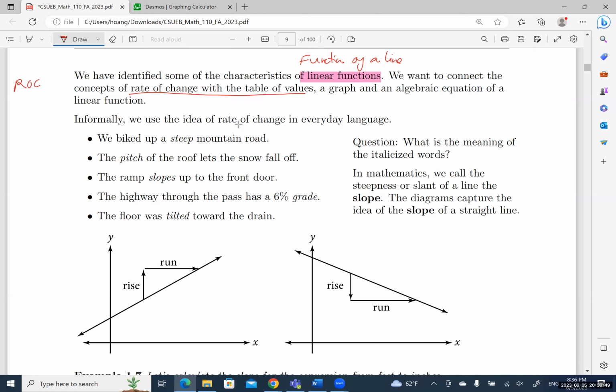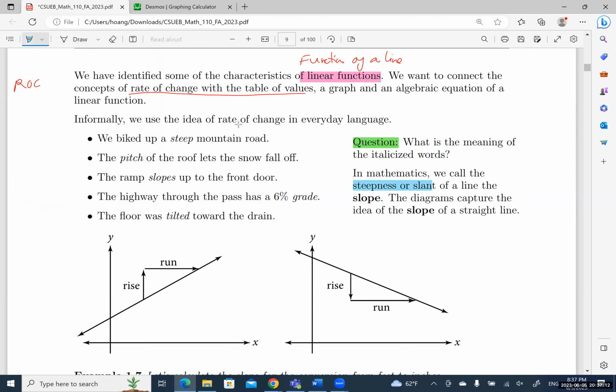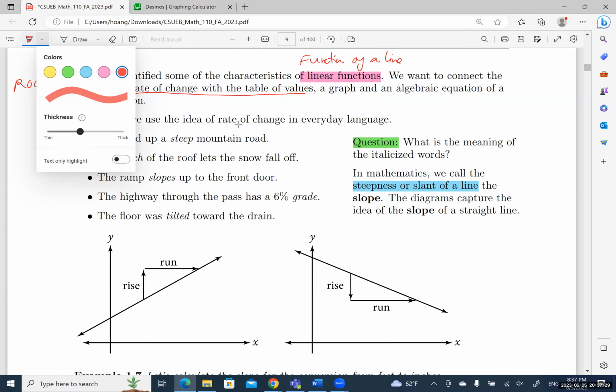So the question in here is, what is the meaning of the italicized word in here? So in mathematics, we call the steepness or slant of a line the slope. Okay, let me use another color. Yes, slope.